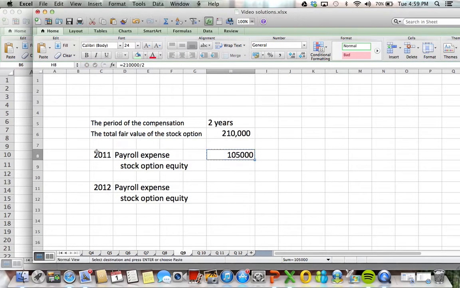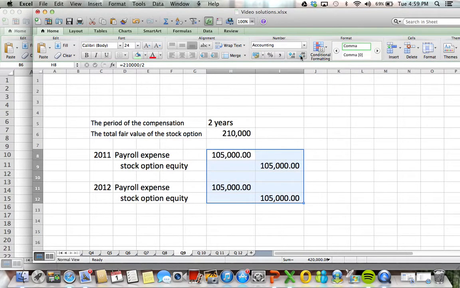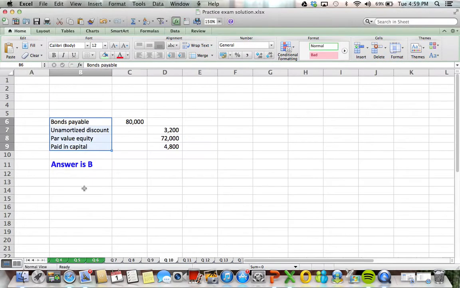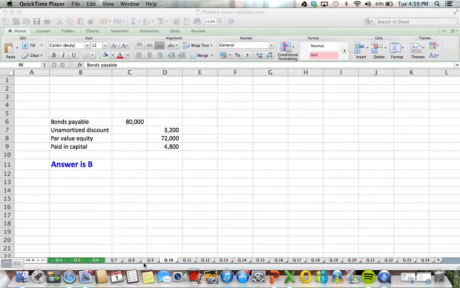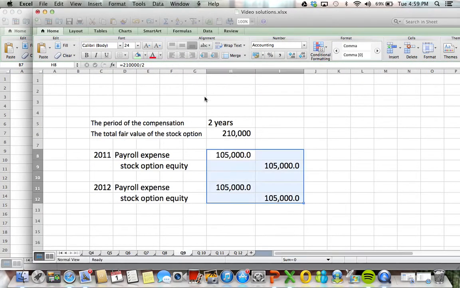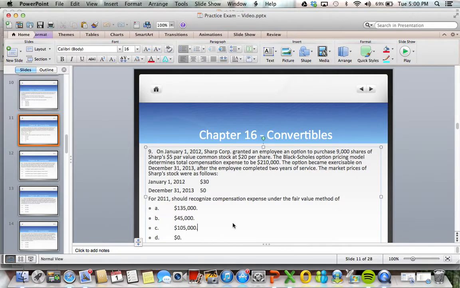It really is it. 210 divided by 2. And over the 2 years, we're going to get back to the 210. So this is just a function of 2 years. And this way we have a solution of 105,000. So the solution is letter C for this one.